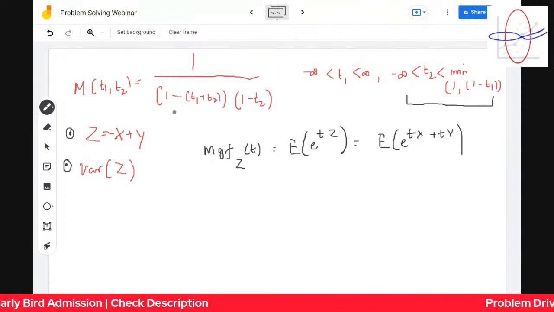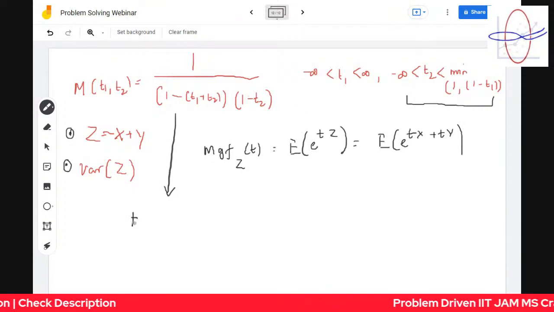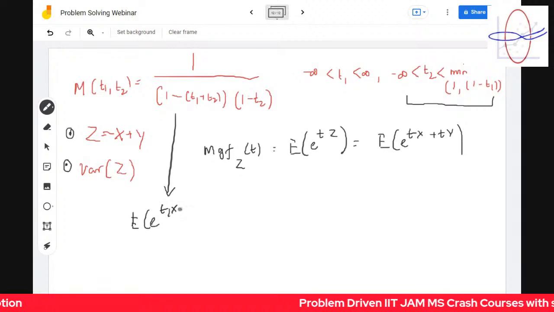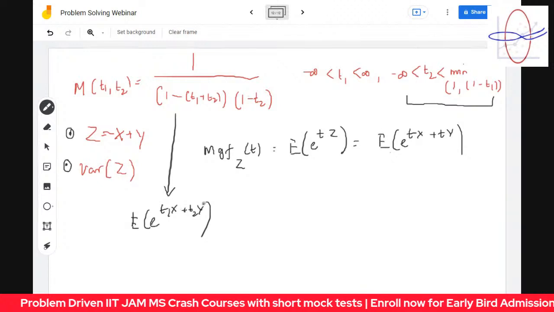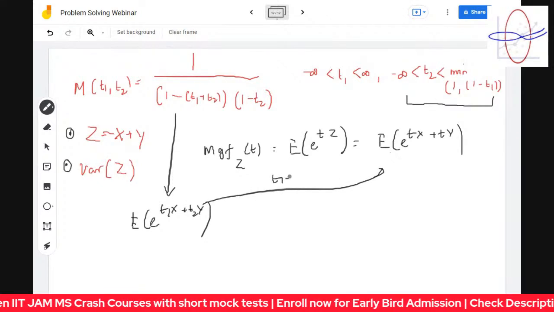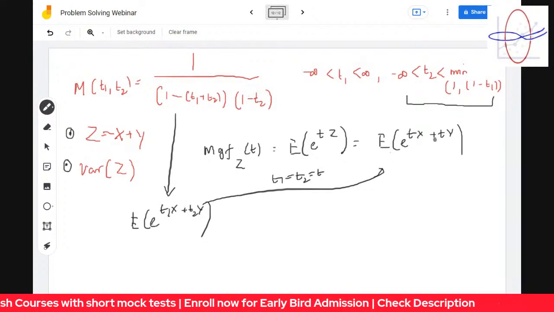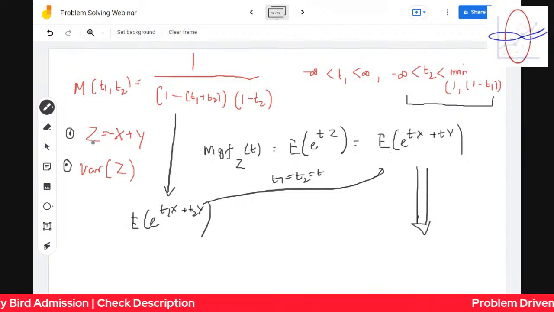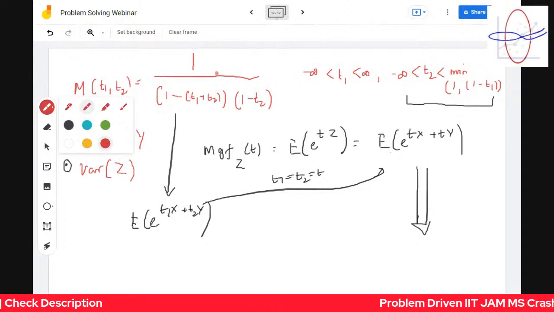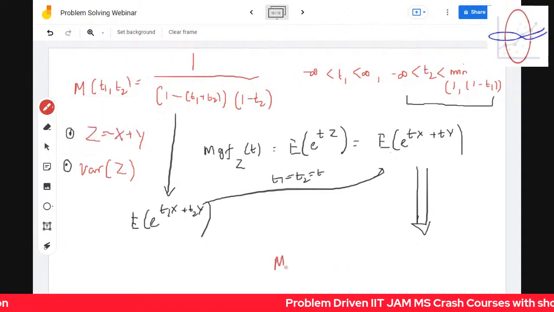This is the expectation of e to the power t1X plus t2Y. So therefore we have to find this. We know this is a general result. So if we put t1 equal to t2 equal to t over here, we can find the MGF of this from this. We know the expression of this. So therefore, if we put t over here, it turns out to be M(t, t).